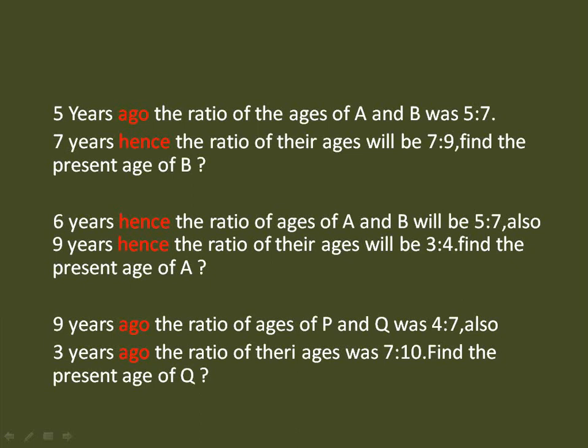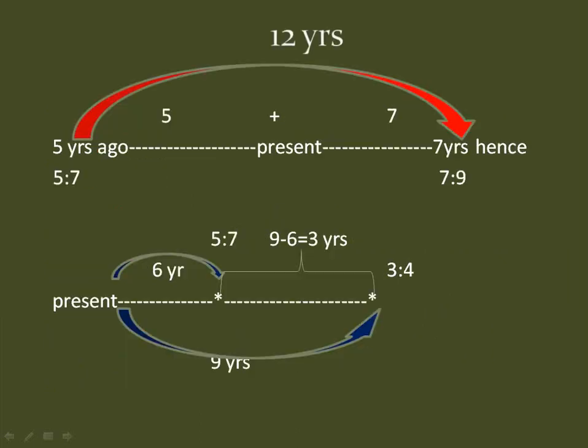See, 5 years ago the ratio of A and B was 5:7, and 7 years hence the ratio became 7:9. Why has it become like that? Why has the change occurred? Due to the addition of these 12 years.